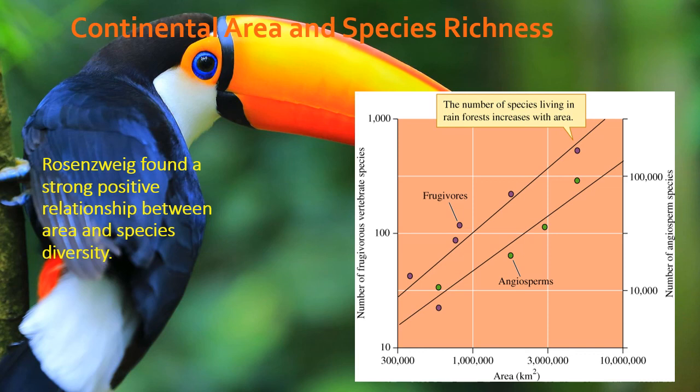So there's a lot of other factors other than just immigration and extinction that might be important for understanding this species area relationship.